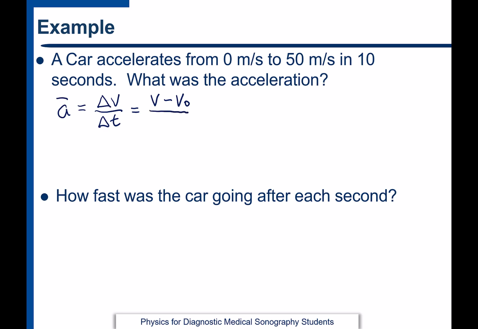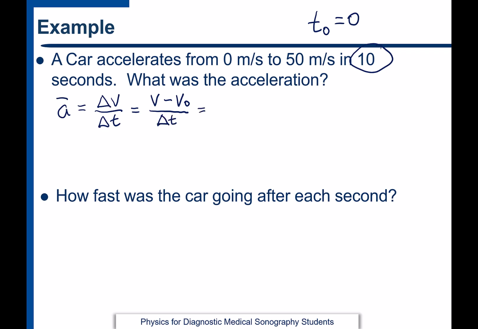And delta t, I could write as t minus t naught, but we always set t naught equal to 0. So delta t is just going to be the total change in time, which is 10 seconds. So I'll just leave that as delta t.